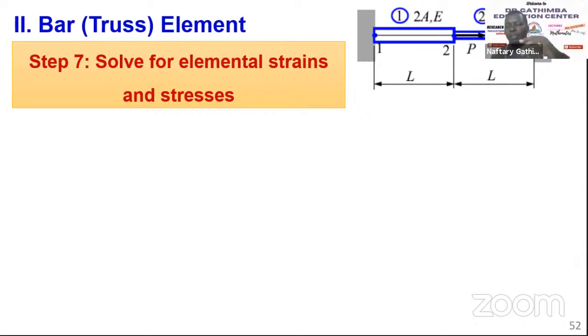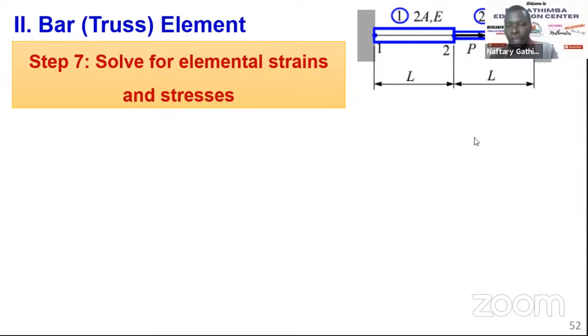But to get to that stage, you have to move through those steps. It's good to have those headings and to know those steps. But you might be asked a problem that doesn't require you to work all the way to the end. If you are just required to get the nodal displacement, you don't have to come to this stage, because you have gotten your answer at step 6.